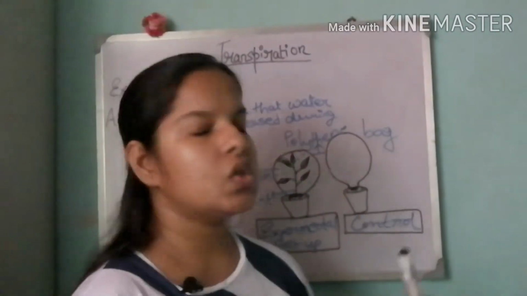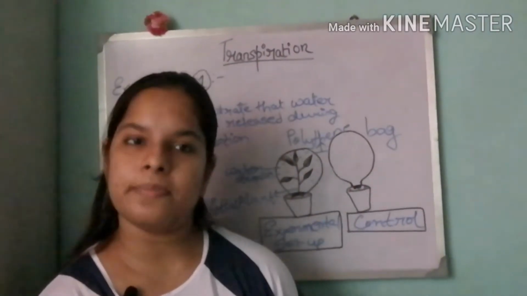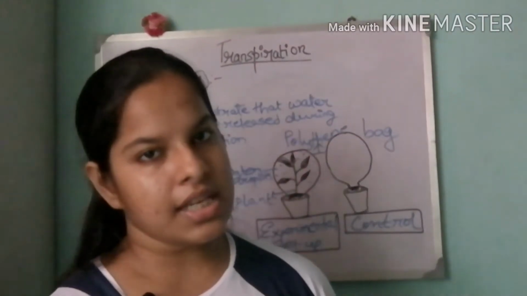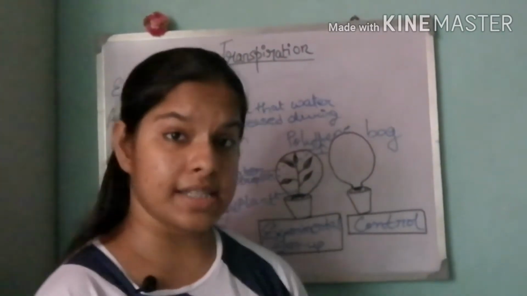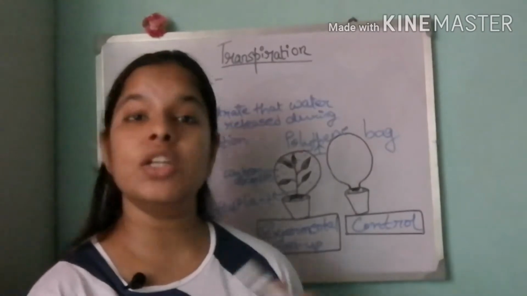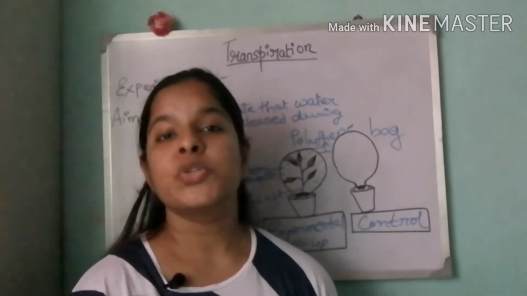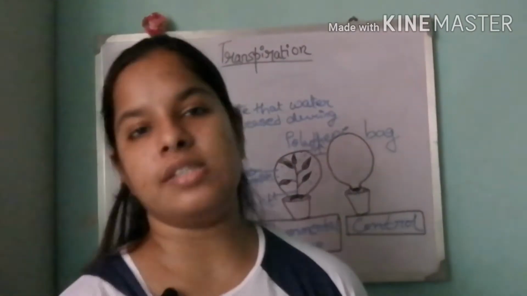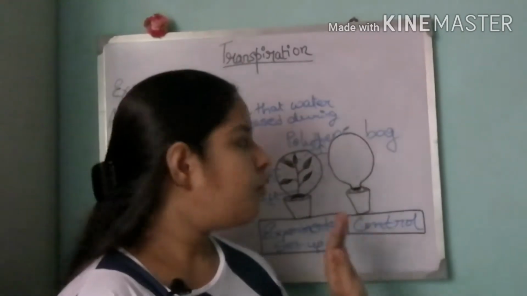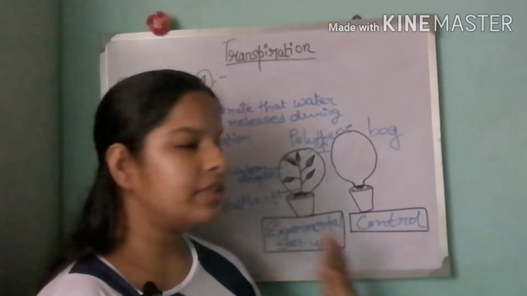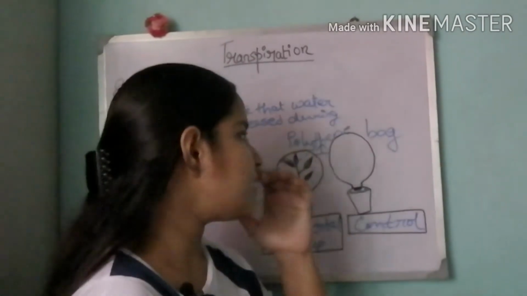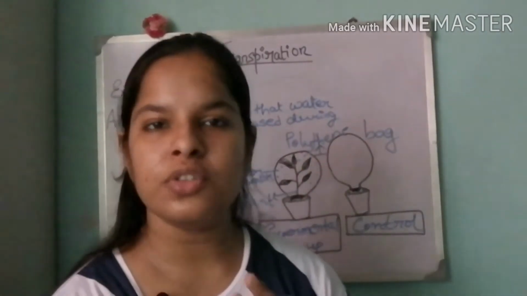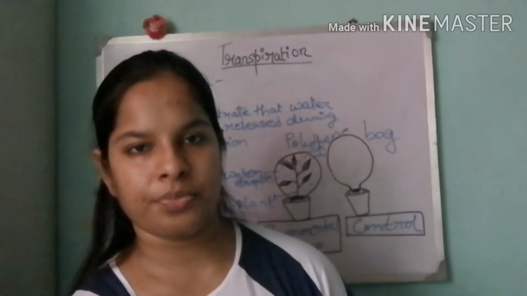Similarly, over here also, when leaves transpire, water droplets are released and condense on the side of the polythene bag. But in the control, you will not see any water droplet. So we can conclude from this experiment that water vapor is released during transpiration, and this is the easiest experiment to prove that water vapor is released.